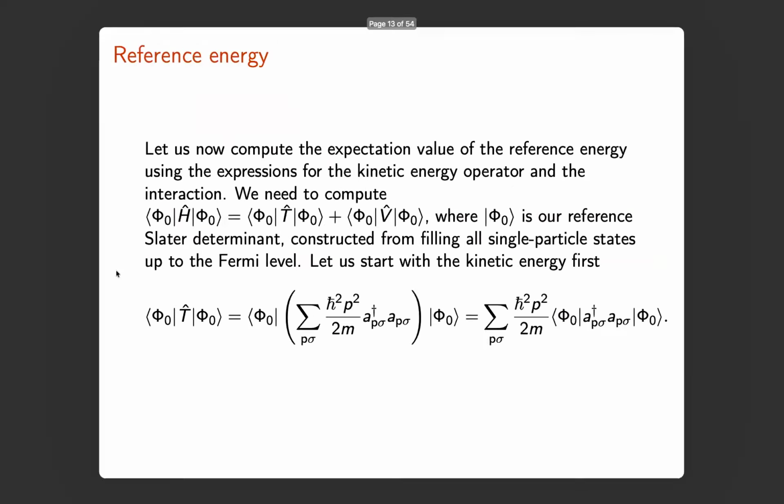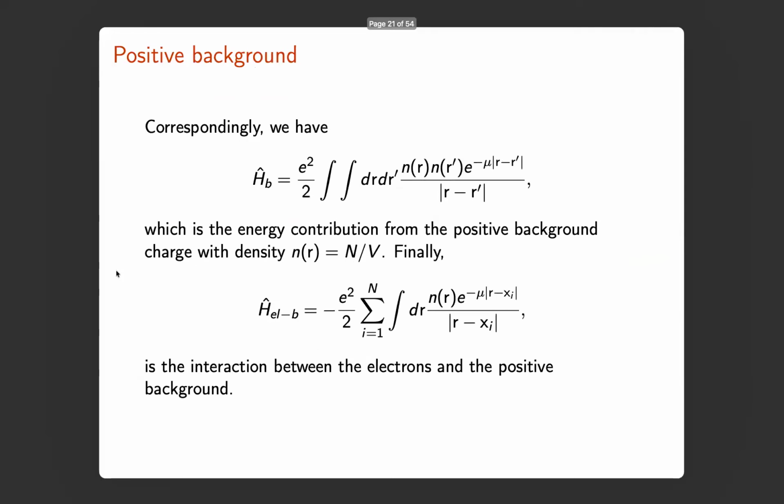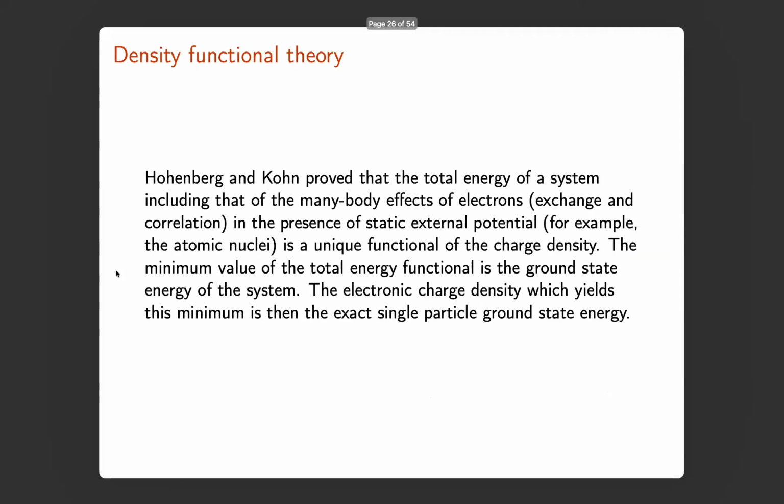And this part begins a little bit later. So let's just go through, because this contains many of the basic things which we went through previously. So it was actually back in the 60s, 64, Hohenberg and Kohn proved that the total energy of a system, including that of the many-body effects of electrons, exchange and correlation, in the presence of a static external potential, that could be the potential which is set up by an atomic nucleus, is a unique functional of the charge density.